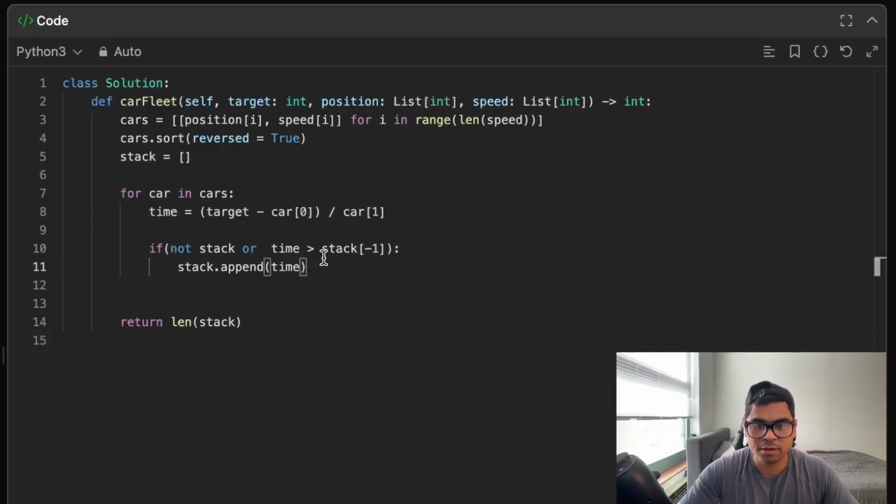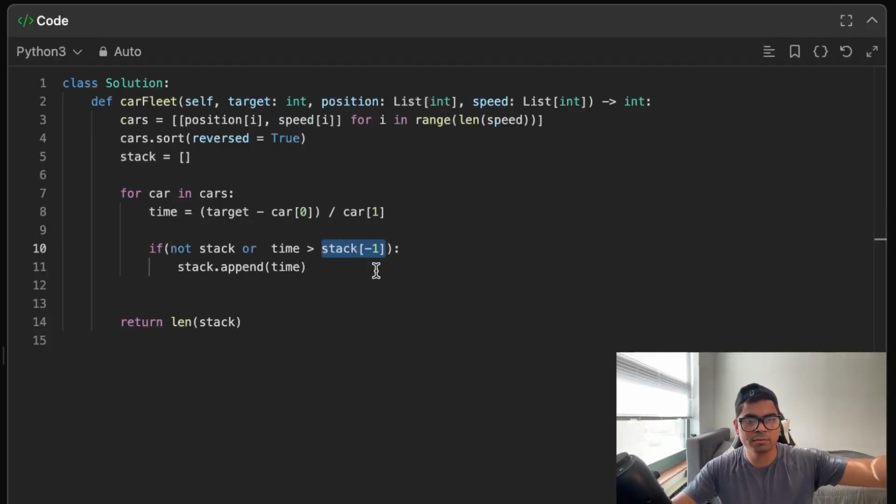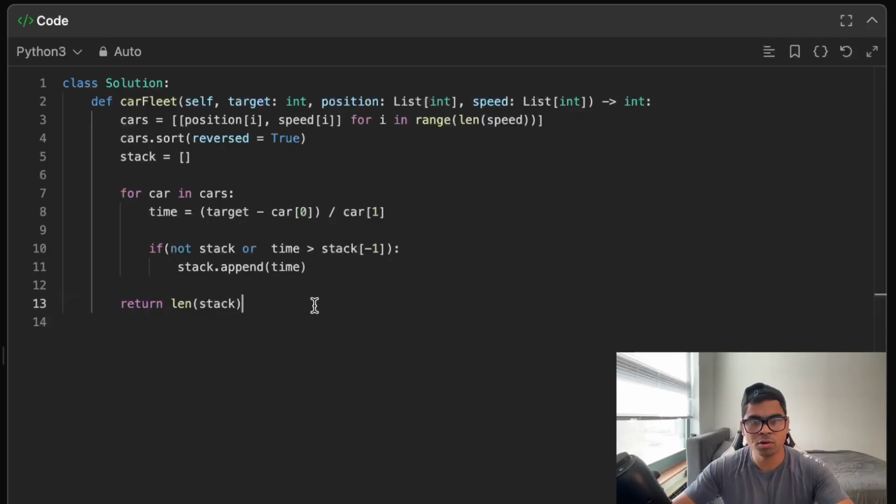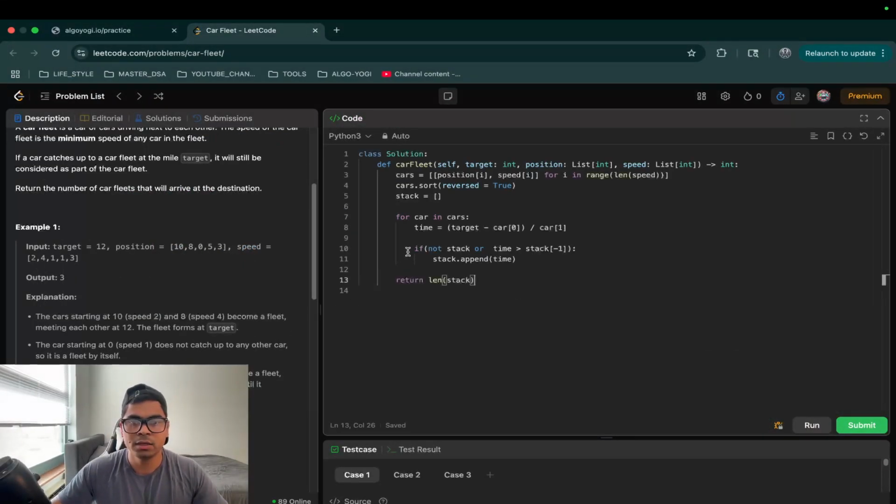Otherwise you do nothing basically, and we only append if either the stack is empty, you are your own fleet and there is nothing in the way, or the time that you are going to arrive at the destination is bigger than the car on the stack, the time that I have appended. Otherwise, if the calculated time is not within these boundaries, that means I don't have to append it.